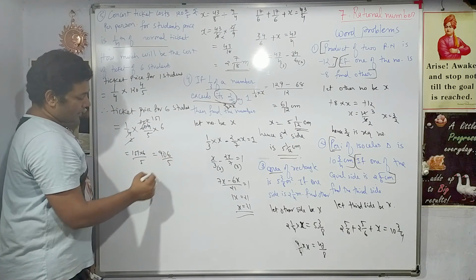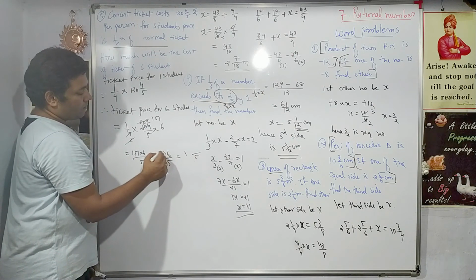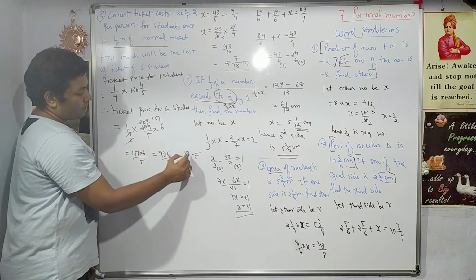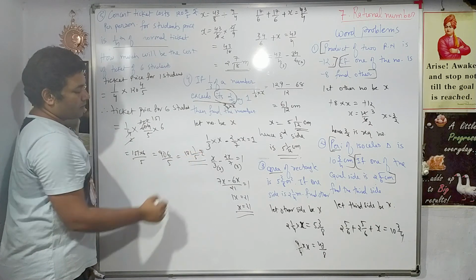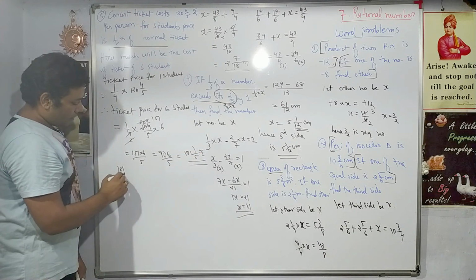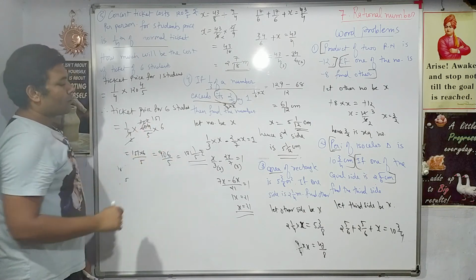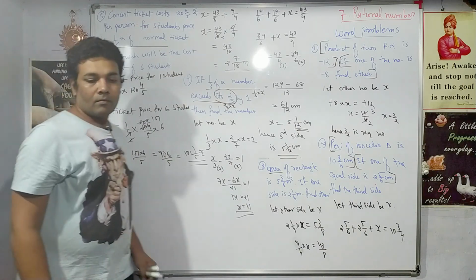So this you can write down as 181 and 1/5 rupees, right? Let me check. Yes, correct. So this is the price of the tickets.